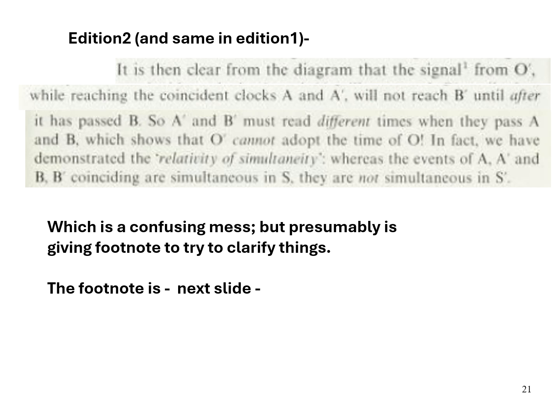Edition 2 and the same in edition 1 carries on and says, it is then clear from the diagrams that the signal from O prime while reaching the coincident clocks A and A prime will not reach B prime until after it has passed B. So A prime and B prime must read different times when they pass A and B, which shows that O prime cannot adopt the time of O. In fact, we have demonstrated the relativity of simultaneity, whereas the events of A prime and B prime coinciding are simultaneous in S, they are not simultaneous in S prime.